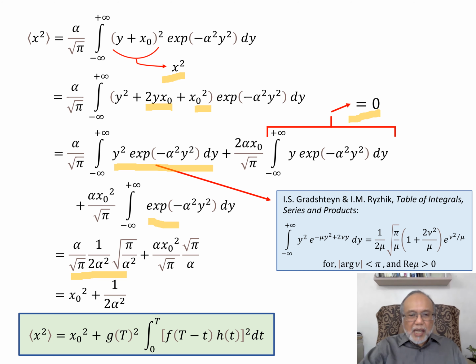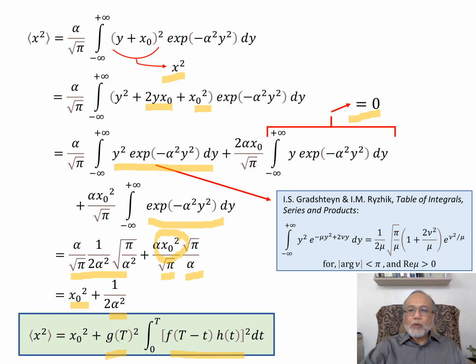The last term is the same as the one we encountered previously, which will just give you the square root of pi over alpha. So with the cancellation of the square root of pi and of alpha, you're left with just x naught squared, which we put in here. Now we substitute back the alpha squared, and we're done. Our mean of x squared is given by the initial point squared times this function's g integration of f h squared.